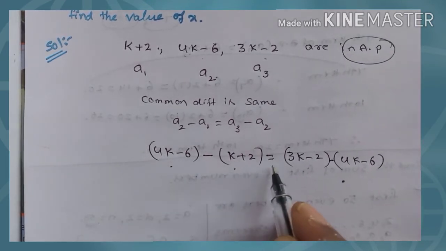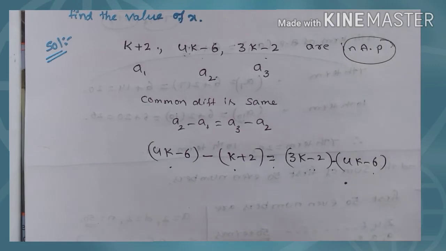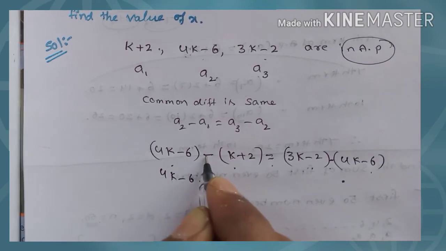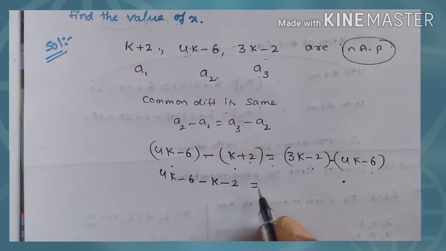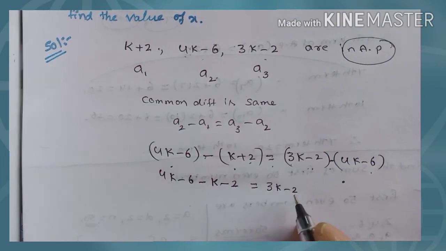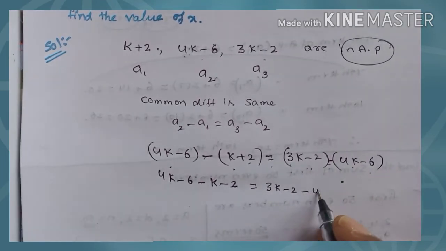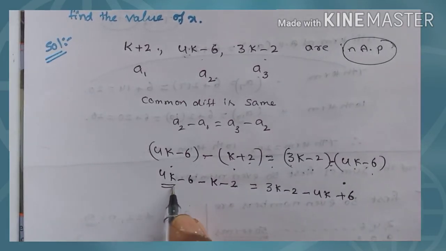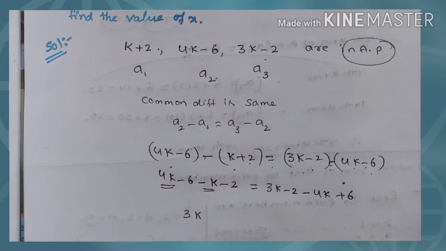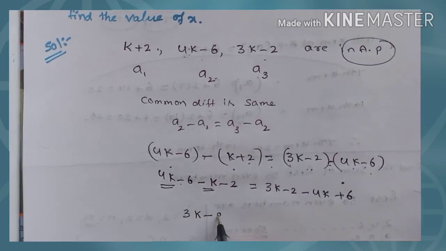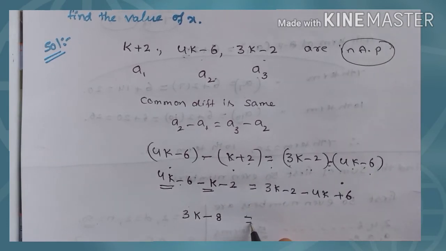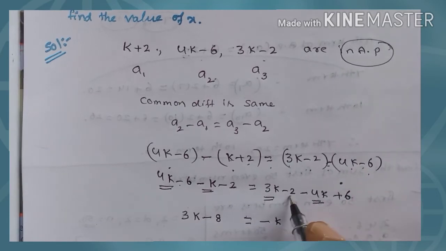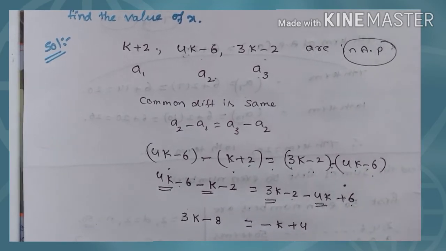Now 4k minus 6 minus k minus 2. 3k minus 2 minus 4k plus 6. Now 4k minus k is 3k, minus 6 minus 2 is minus 8, is equal to 3k minus 4k is minus k, minus 2 plus 6 is plus 4.